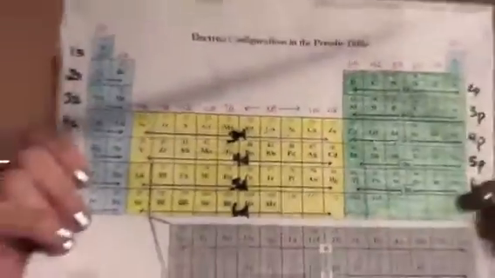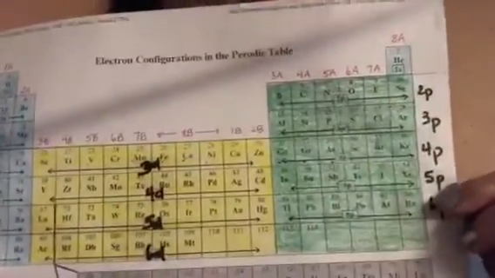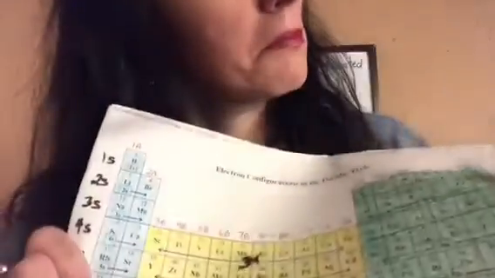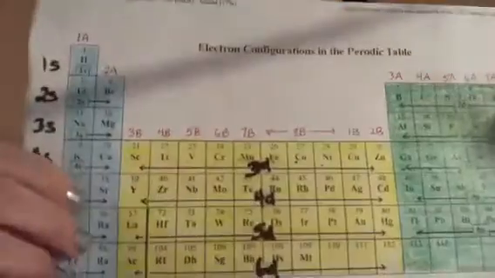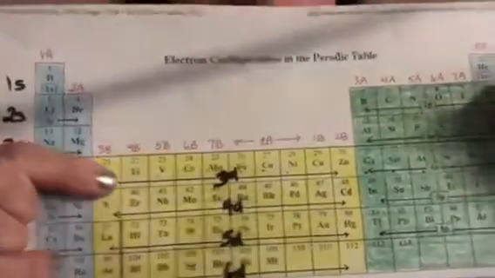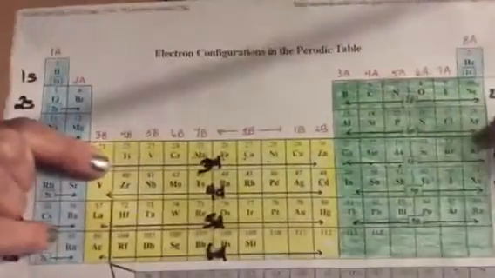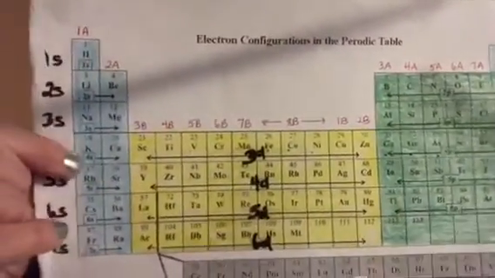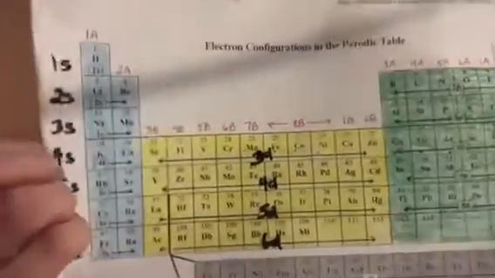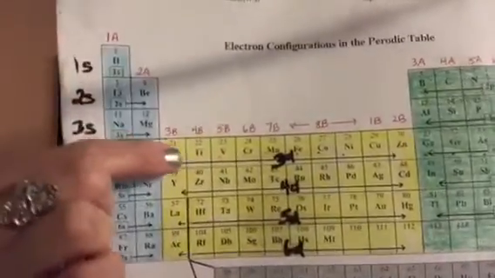Let me use this one because it's color-coded. Argon right here and scandium right here. So argon accounts for all of the electrons up to 18. Then you need to account for the remaining 3. So we have 4s2, 3d1.